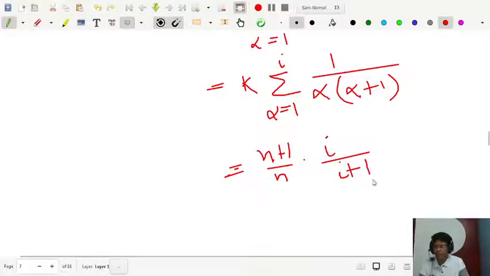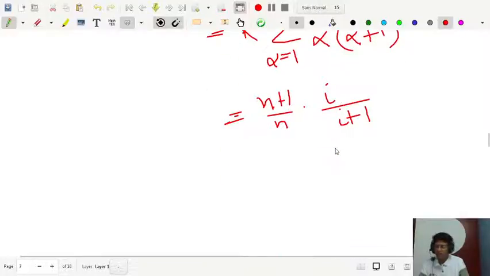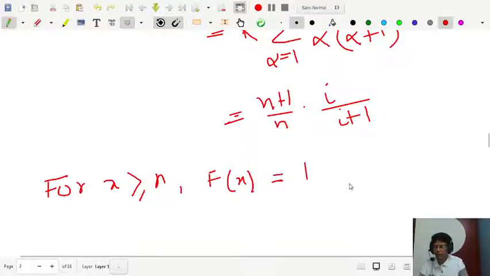Alternative terms will be cancelled, and this is F(x), the distribution function in this range. Next, for x greater than or equal to n, again you can calculate F(x), and that will be equal to 1.